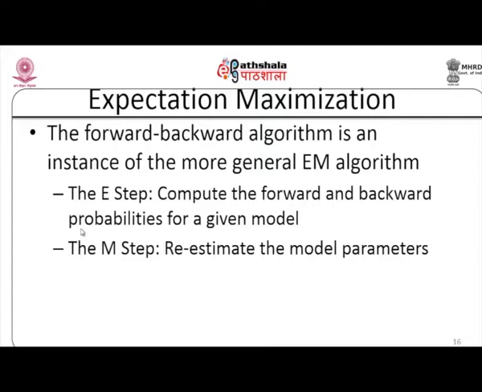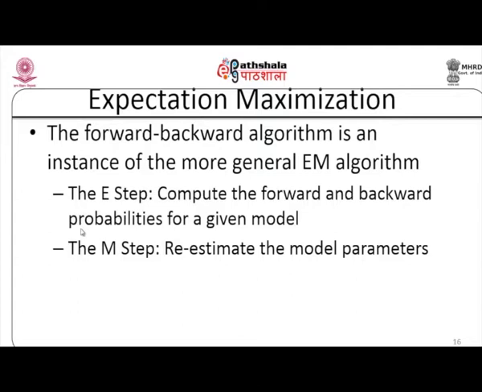So, in the expectation step we assume that a model is given and we compute the forward and backward probabilities. Now, the important step here is the M step. Once you compute the forward and backward probabilities, using those probabilities we re-estimate the model parameters.